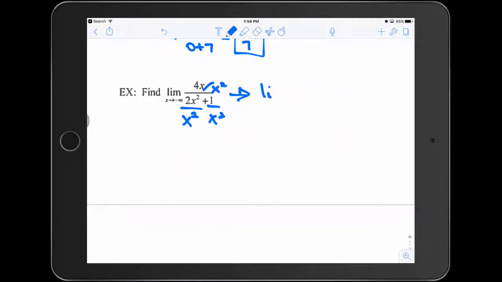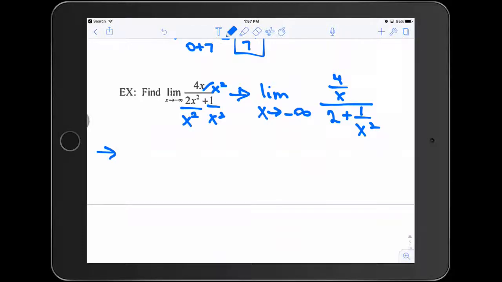So we have the limit as x approaches negative infinity of 4 over x divided by 2 plus 1 over x squared. And I know that looks nasty, but now again we're going to put infinity, or negative infinity I should say, everywhere there's an x.